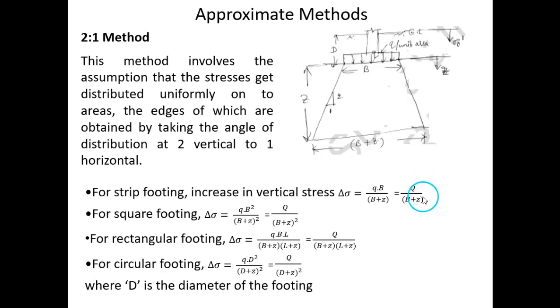So b plus z will become the area, and total load Q divided by area will give you the stress. If the intensity of load is given on the base of the footing, then we have to multiply with the width of the footing so that we get the total load Q, divided by b plus z, that is the area of footing per meter length.